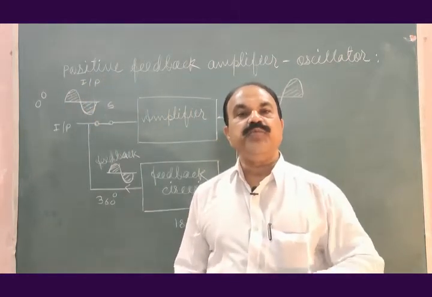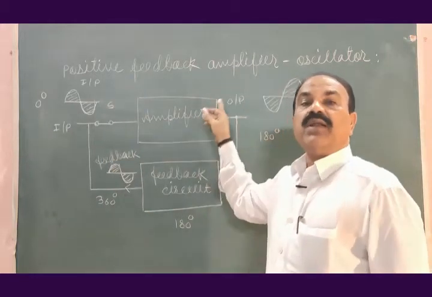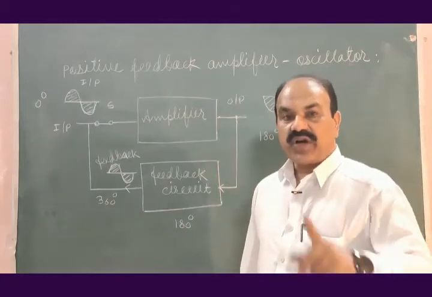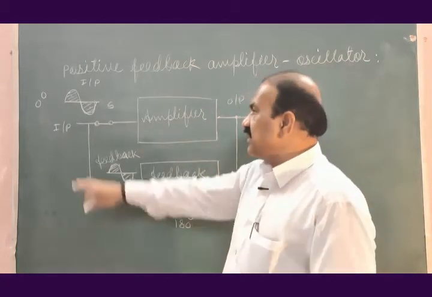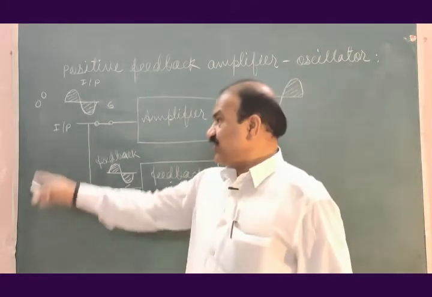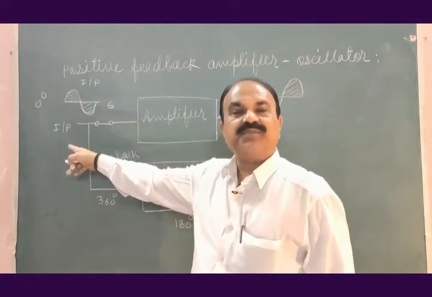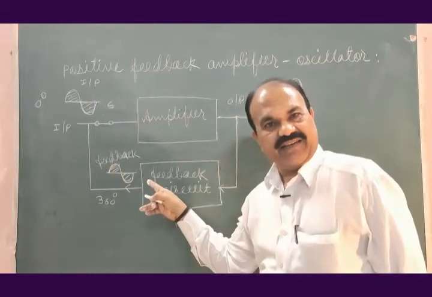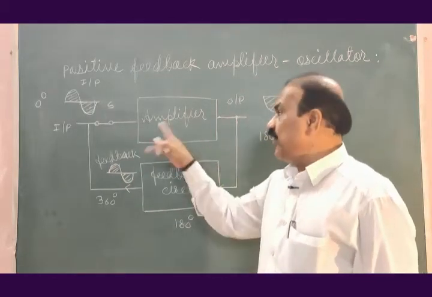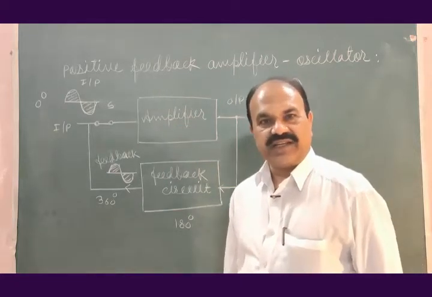Without any input AC voltage, this circuit should be capable of generating AC output voltage. So according to the definition of sinusoidal oscillator, this circuit is not an oscillator circuit because input is provided. Input AC signal is provided to this amplifier, because of which it produces the AC output voltage, and therefore this amplifier will not be the oscillator circuit.